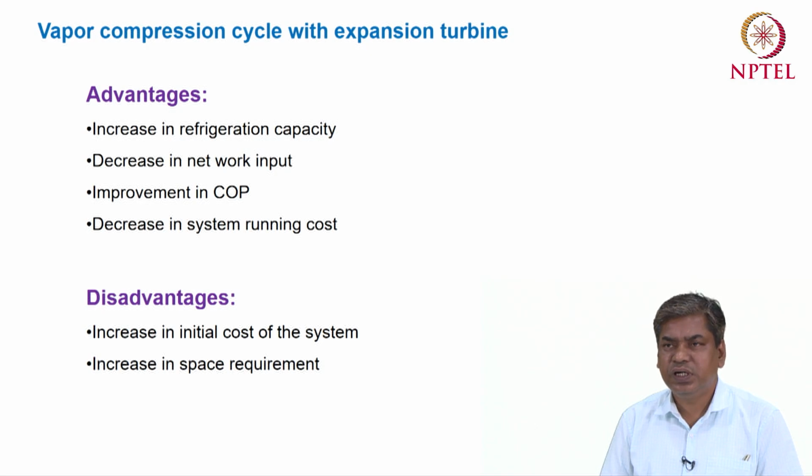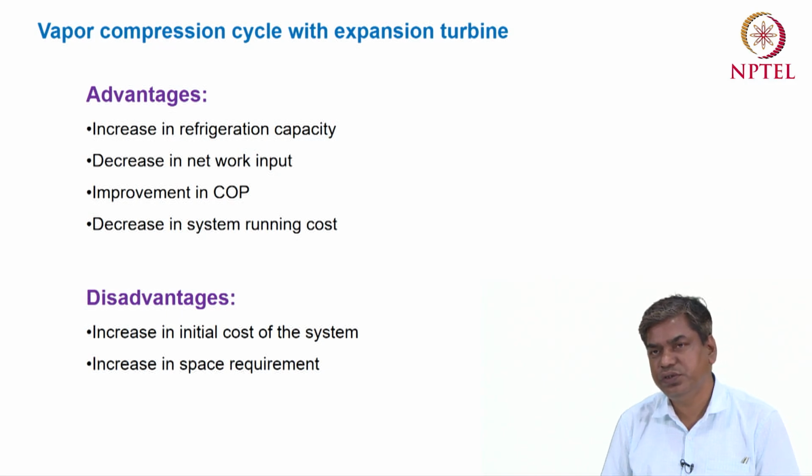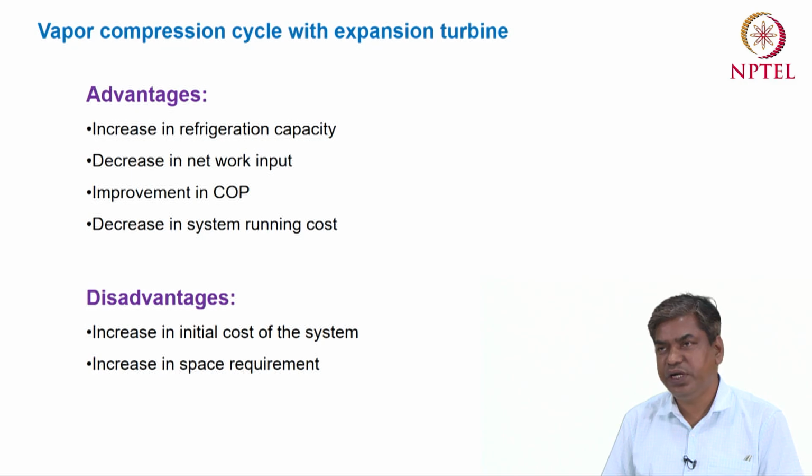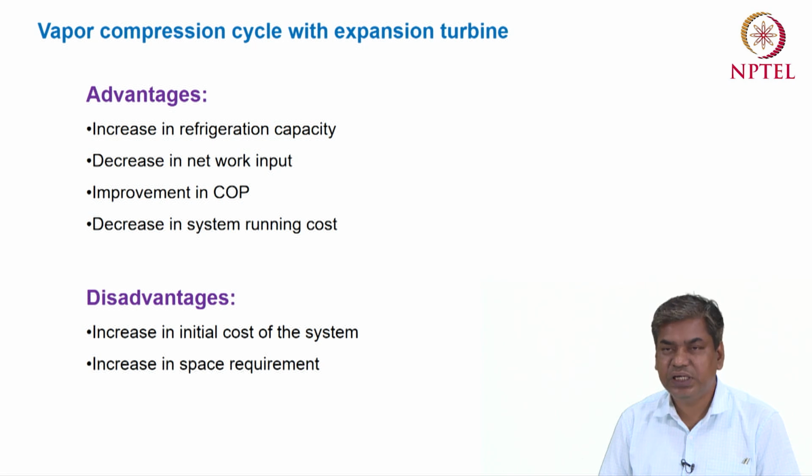Some attempts have recently been made to combine the expansion turbine and compressor, so that we can get both expansion and compression in a single device. In this case the cost of the system would also reduce, and the space requirement would also be reduced, because we are using a single component which gives the dual operation, that means compression as well as expansion.